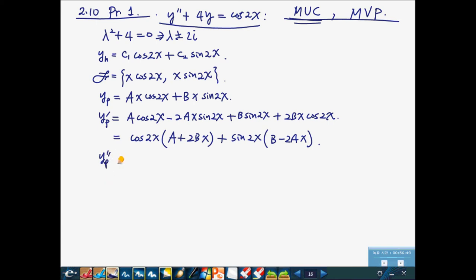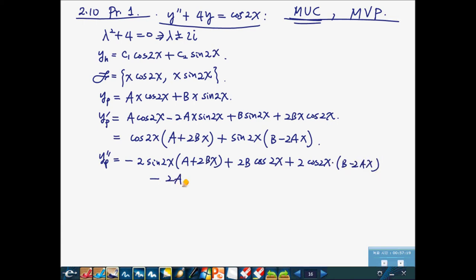And yp double prime is minus 2 times sine 2x times a plus 2bx, plus 2b cosine 2x, plus 2 times cosine 2x times b minus 2ax, minus 2a sine 2x.